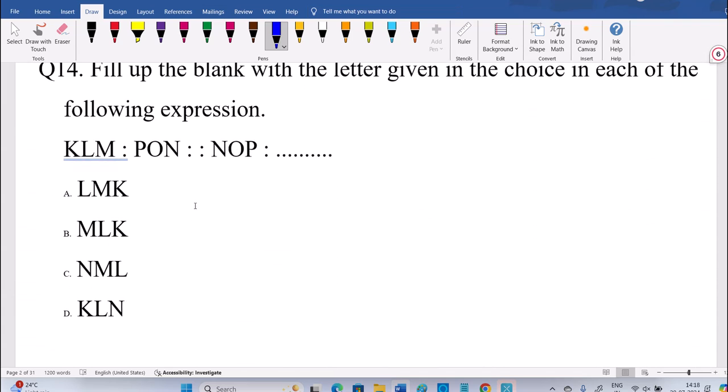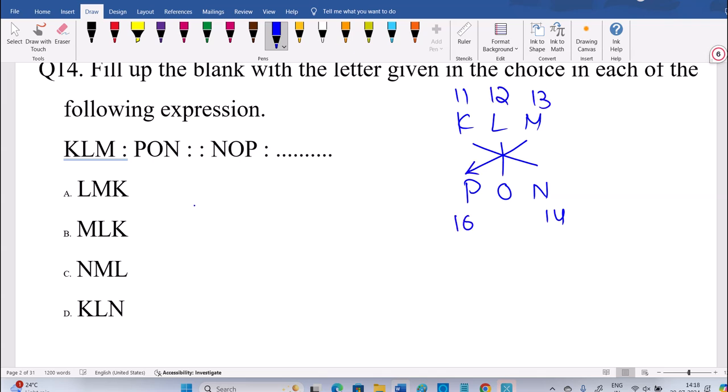Next, KLM is given as PON. If you see back to front, this is plus 3 logic. Here 11, here 14, here 13, this is 16, here 12, this is 15, plus 3 logic only, but back to front. Now P is plus 3, but they didn't give it directly, they are writing it in reverse: MLK.